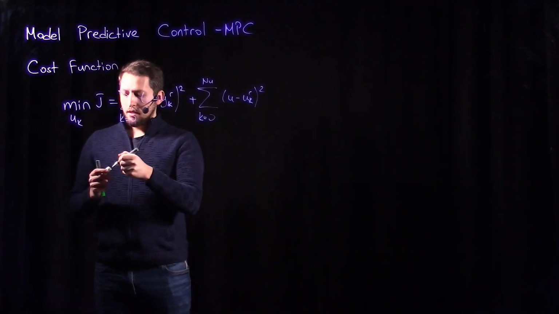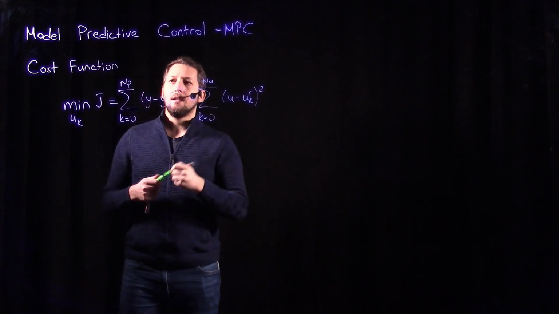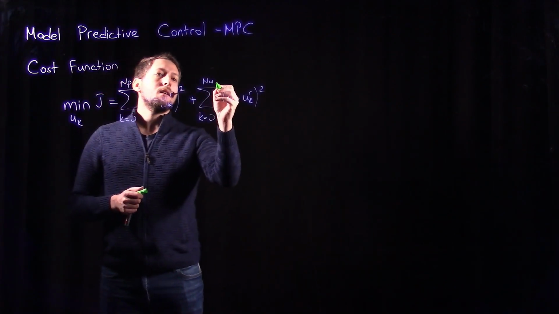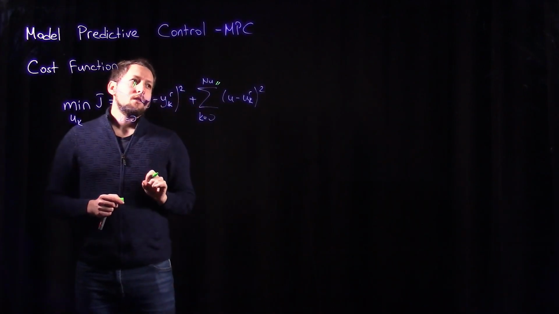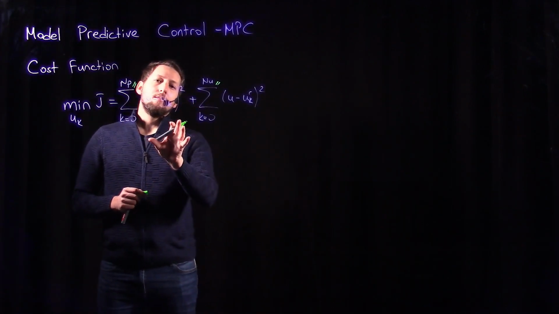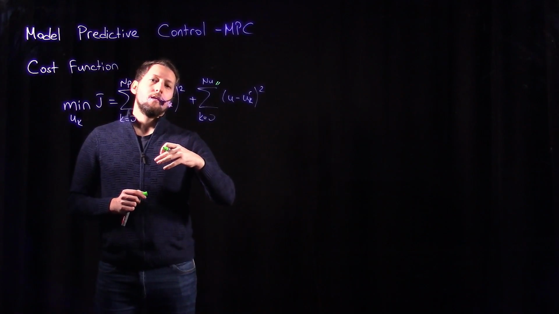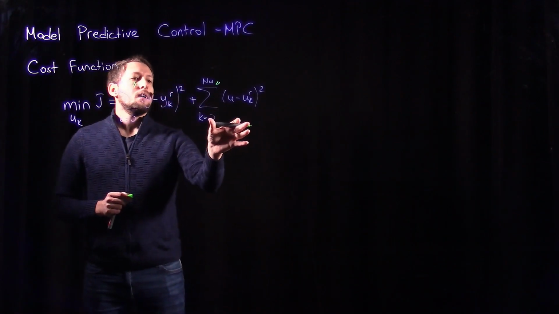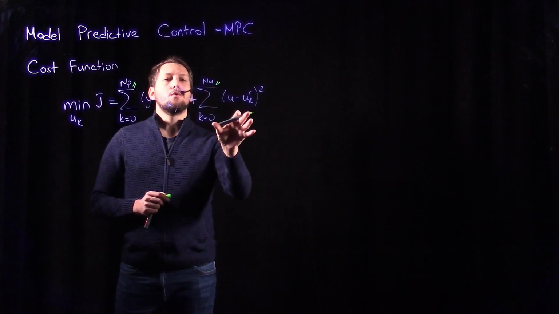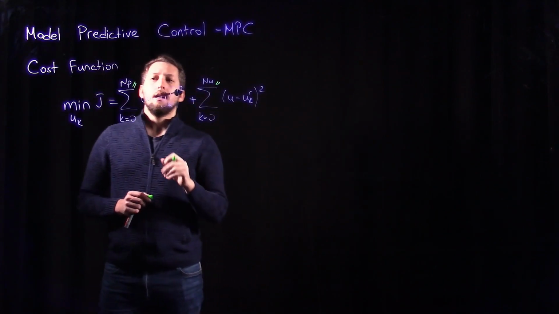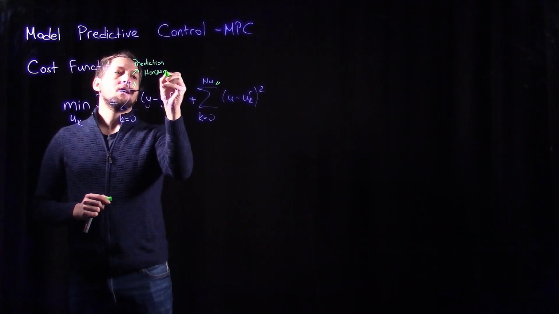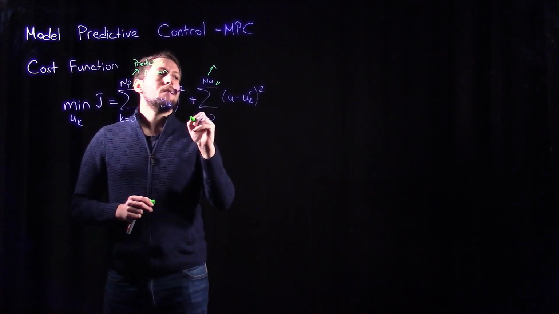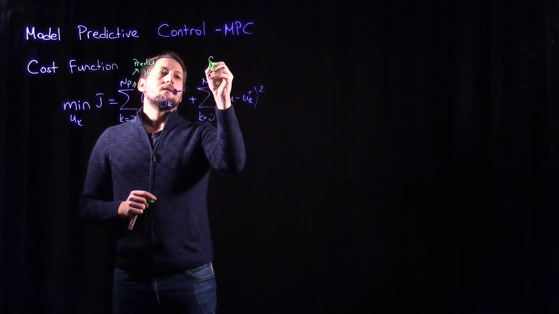We also have new terminology like np and nu. The first part is related to the system's behavior in the future, and the second is the behavior of inputs in the future. np is the prediction horizon, and nu is the control horizon.